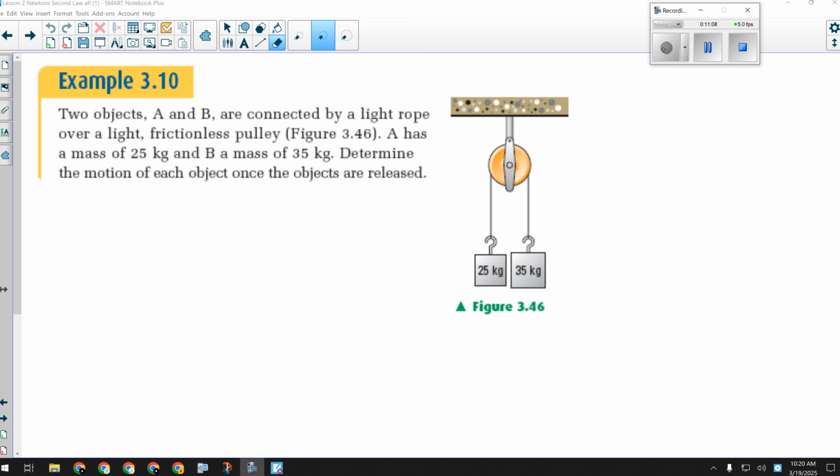But we do have this force of gravity and this force of gravity. And those two forces, even though they're both acting down, because of the pulley, are going to oppose each other.